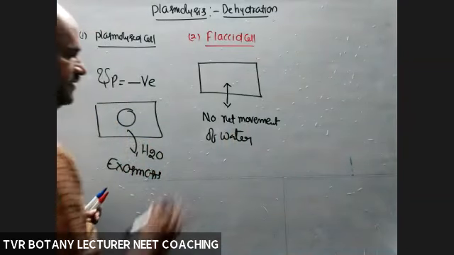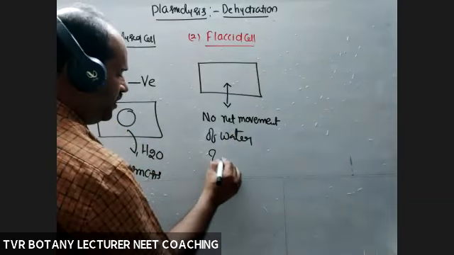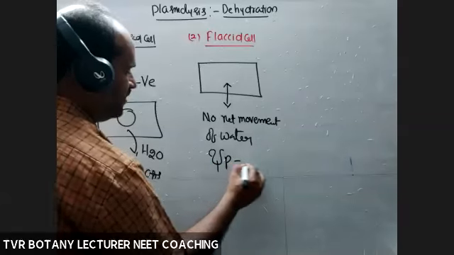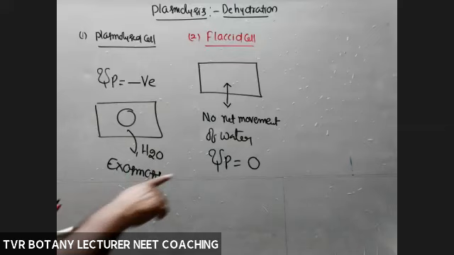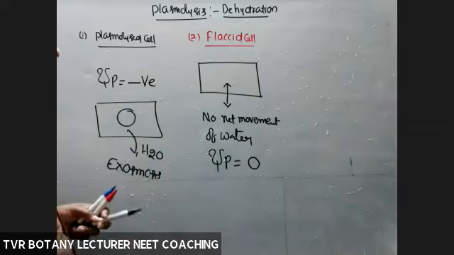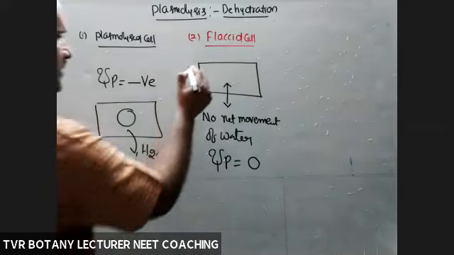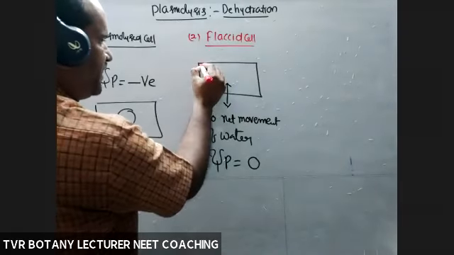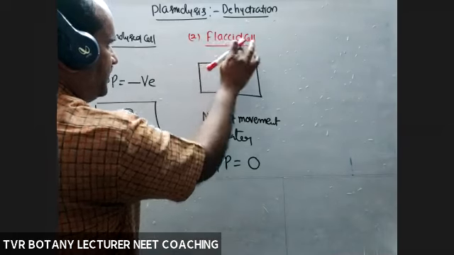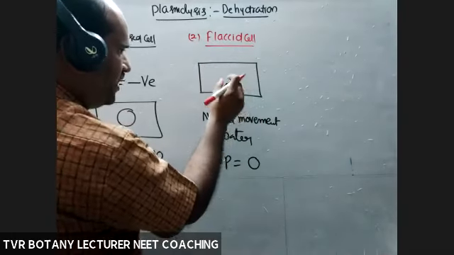In this case, if they question you about the Psi-P value, take 0 only. Of course, it was not given in your textbook. Go for 0. The reason: what is the pressure potential value? Turgor pressure. In a flaccid cell, some amount of water has already exited.